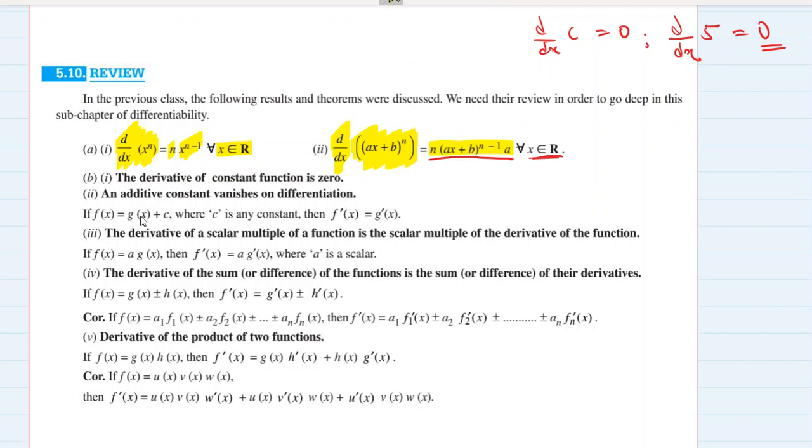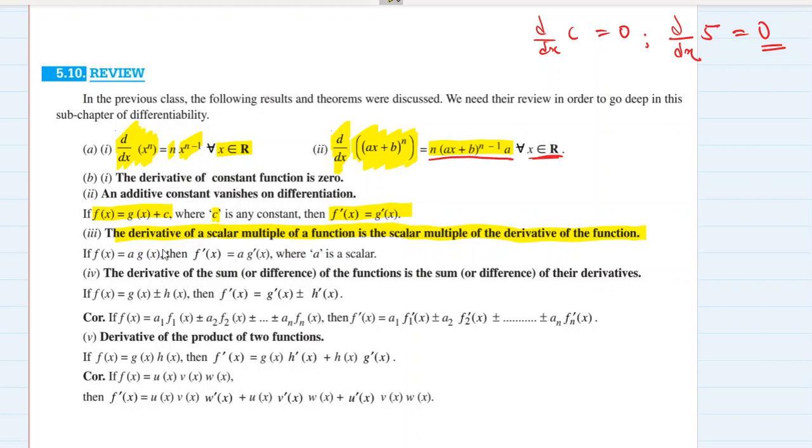Next, an additive constant vanishes on differentiation. So suppose with a function you have an additive constant c, on differentiation it vanishes, because the differentiation of a constant function becomes 0. The derivative of a scalar multiple of a function is the scalar multiple of the derivative of the function.